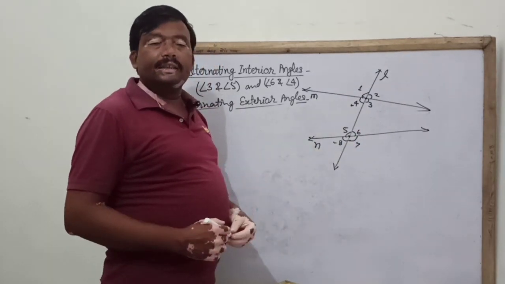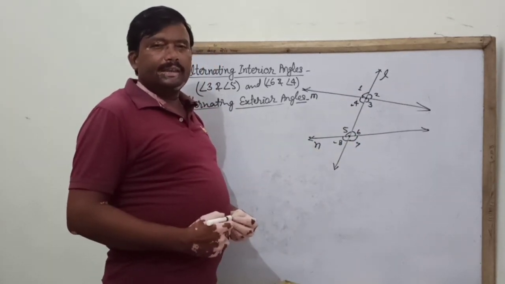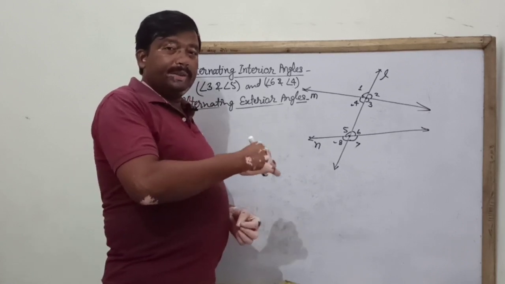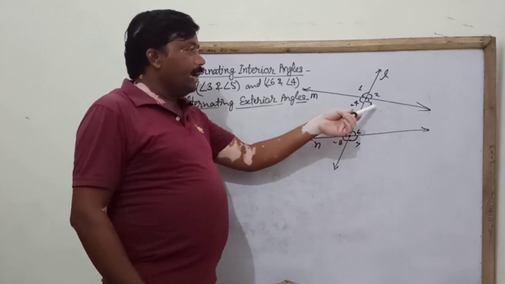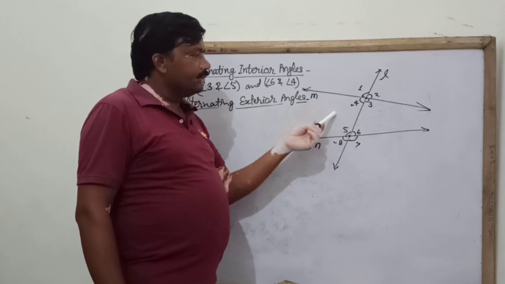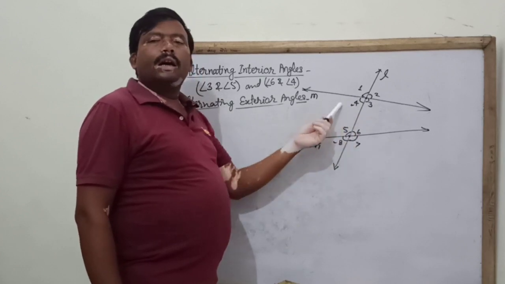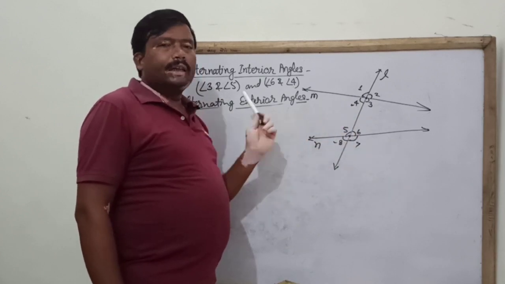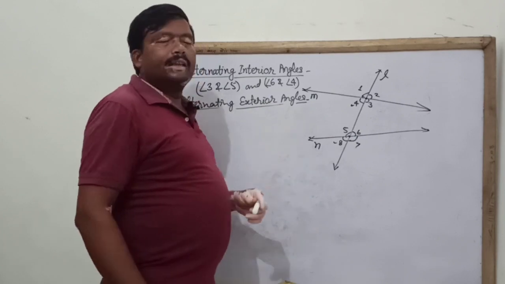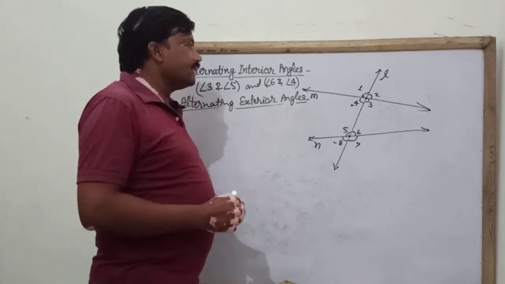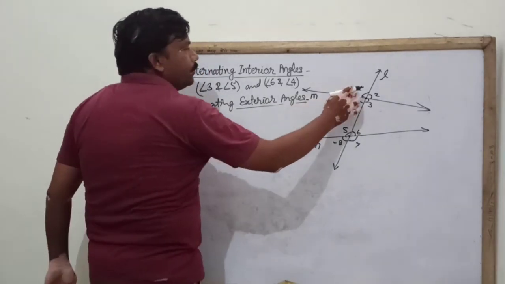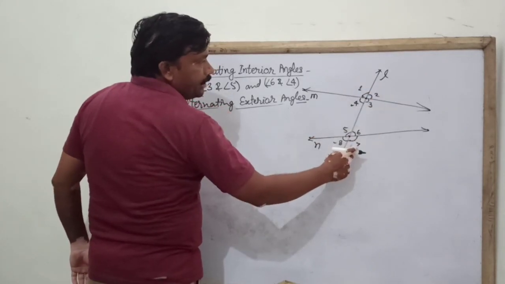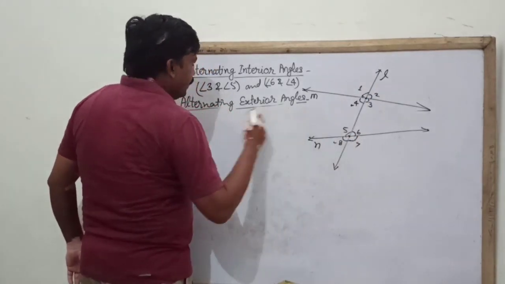Then alternating exterior angles, as I have told you earlier in this video about alternating interior angles. Can you tell me the alternating exterior angles? Alternating exterior angles are 1, 2, 3, move it, 1 and 7.